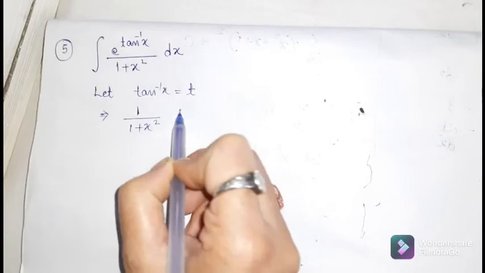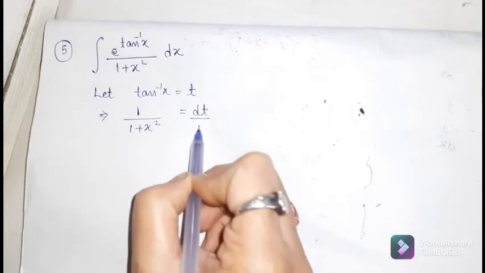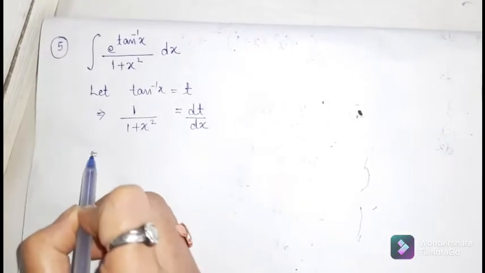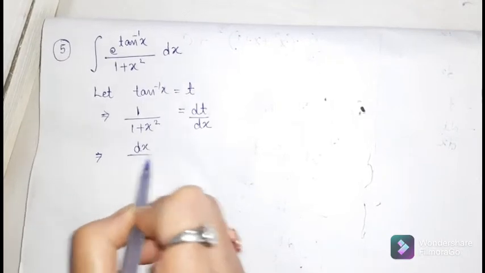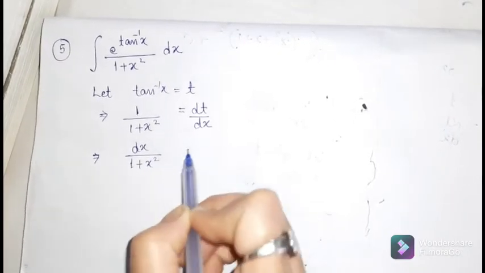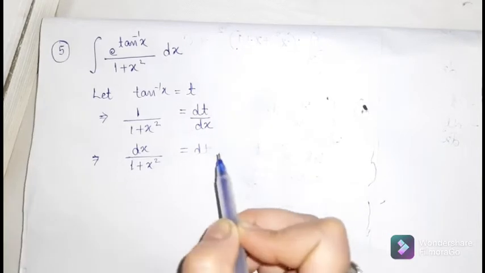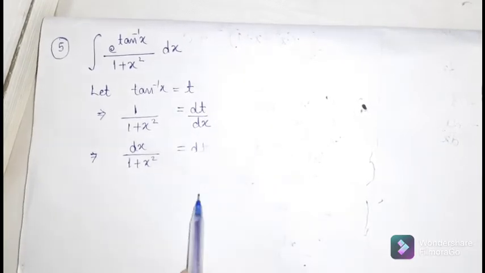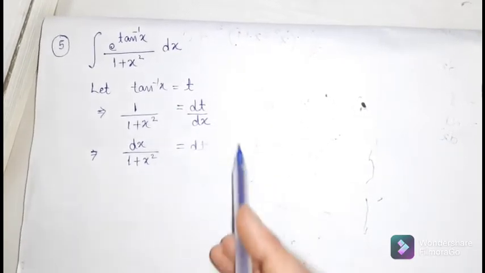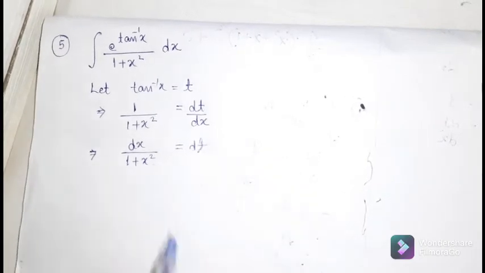Differentiation of tan inverse x is 1 by 1 plus x square equals dt by dx, and this implies dx by 1 plus x square equals dt. Okay, so dx by 1 plus x square equals dt.